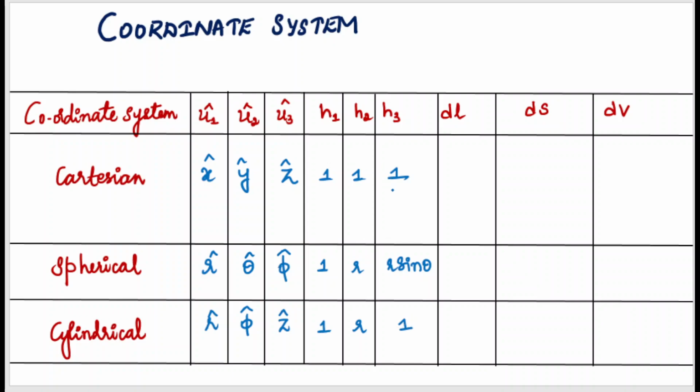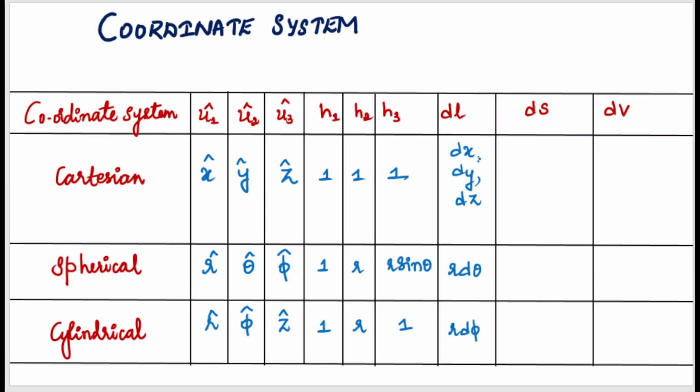So these are the multipliers, and dl, as I told earlier, is the length element. The length element for the Cartesian system can be dx, or dy, or dz. All three are used. For the spherical coordinate system, the length element is r into d theta. For the cylindrical system, the length element is r into d phi. Now coming to the surface or the area element.